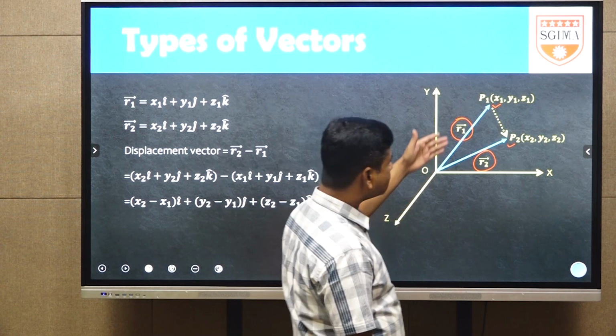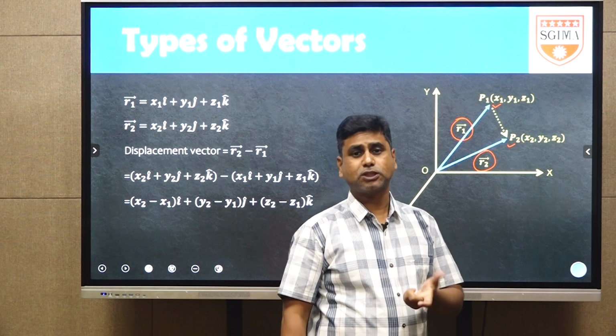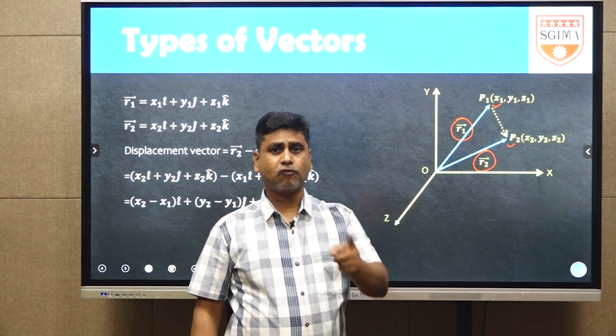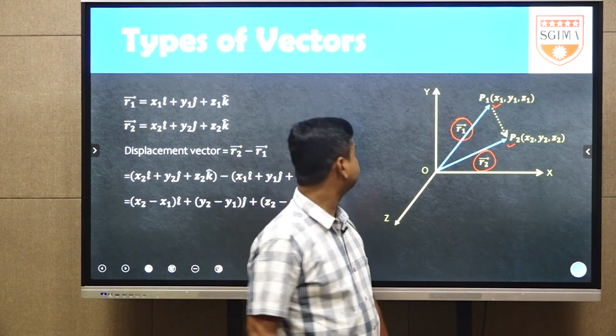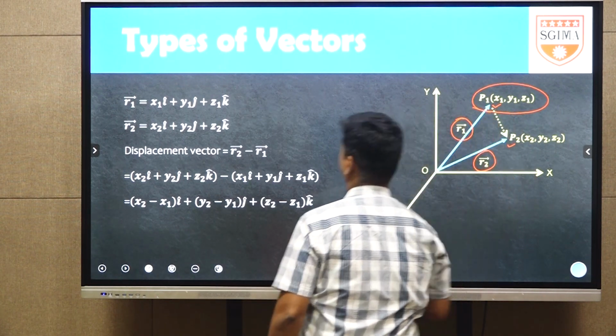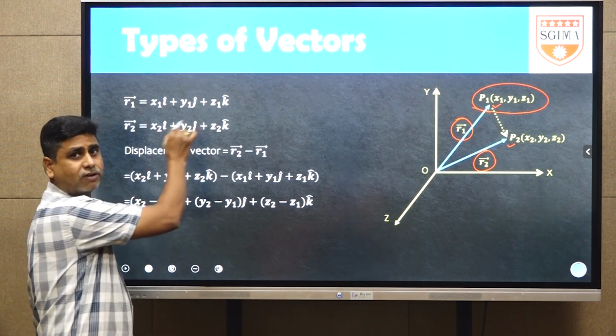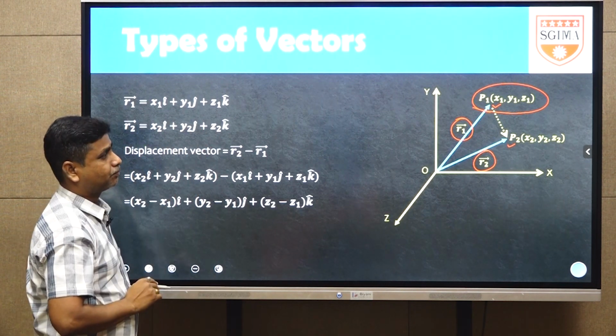When the particle is moving from initial to final, what is the displacement? Displacement is generally taken as final position minus initial position. Here the initial position in vector form is written as r1 bar equal to x1 i cap plus y1 j cap plus z1 k cap.